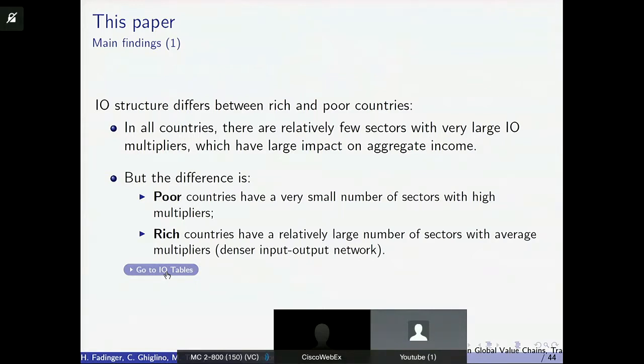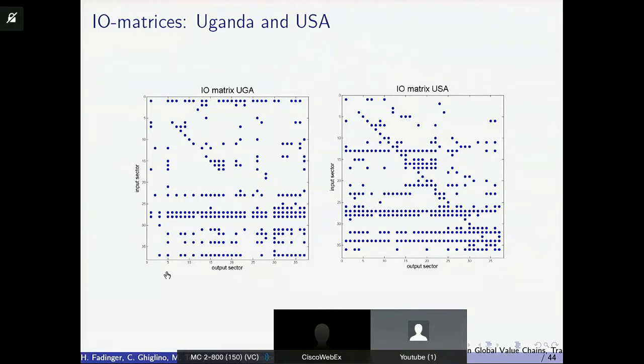So to give you an example, here we have the I/O tables for Uganda, a small and poor developing country, and the United States. So here we have a 39-sector aggregation. In the columns we have the output sectors, and in the rows the input sectors.